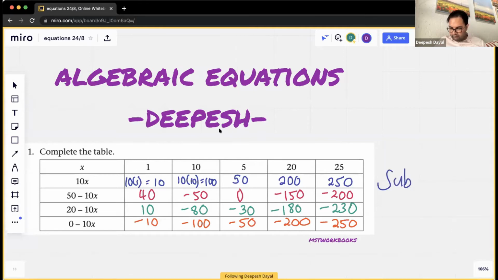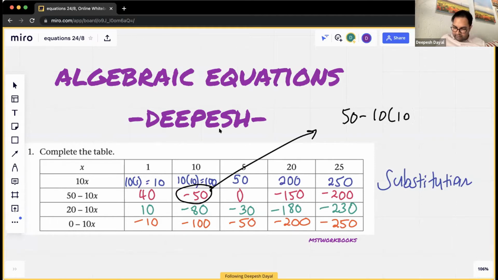Question number 2 says 50 minus 10x. It becomes negative because it becomes 50 minus 100. 50 minus 100 becomes minus 50. So if we look at this one here, it's going to be 50 minus 10 times 10, right?